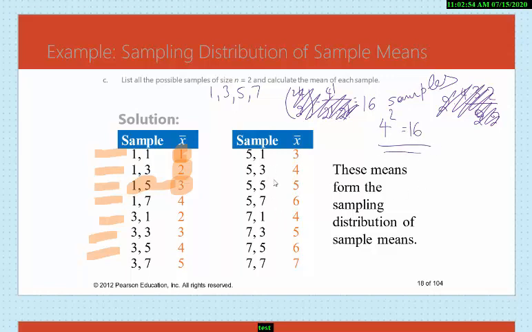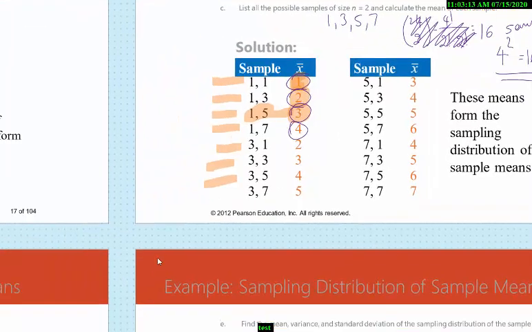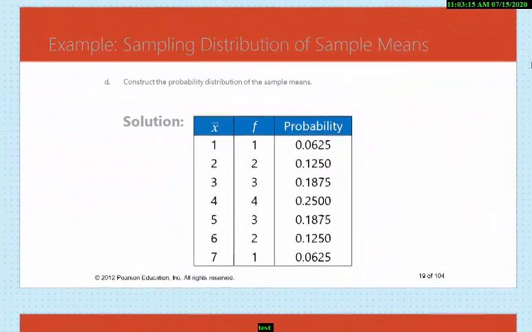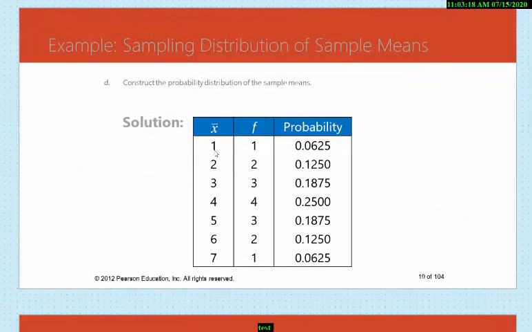Okay, so based on what we have right here, we have all these different means. So you can put them in one vector, all these means together. Let's do it. Let's put the means together. I put the means together and I find the probability of these means.